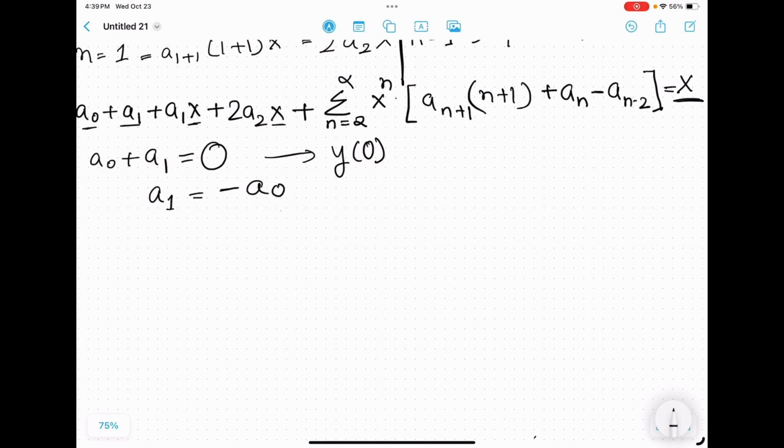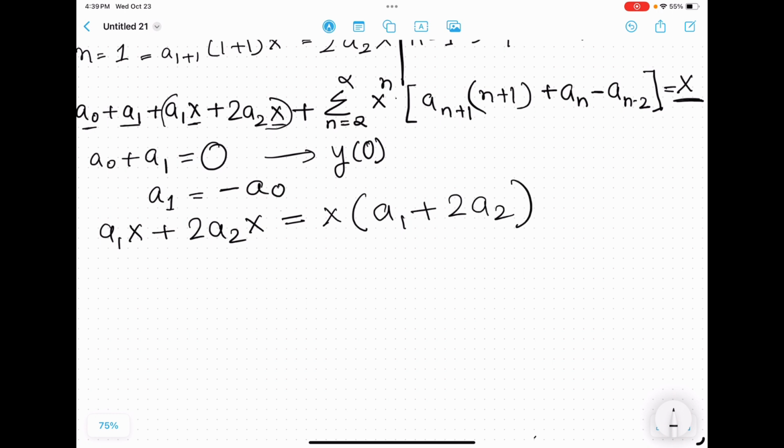All right. So now let's look at our terms where the power of x is 1. So basically this one right here. I have a sub 1 x plus 2a sub 2 x. So if I add up the coefficients, I have a sub 1 plus 2a sub 2.